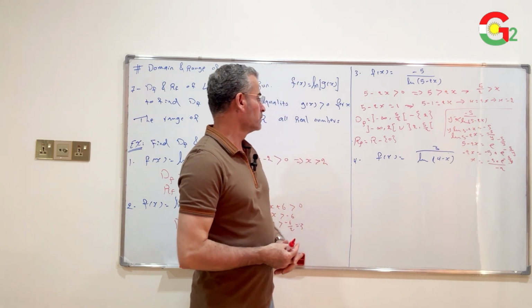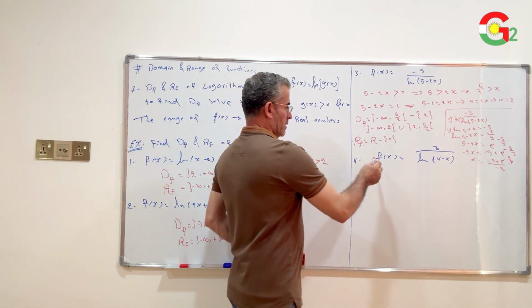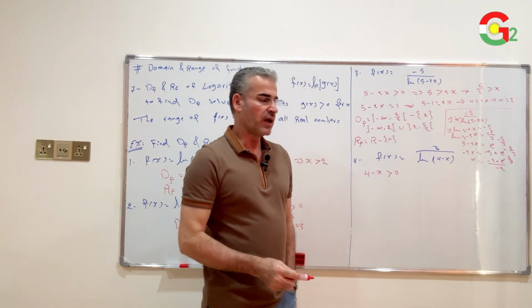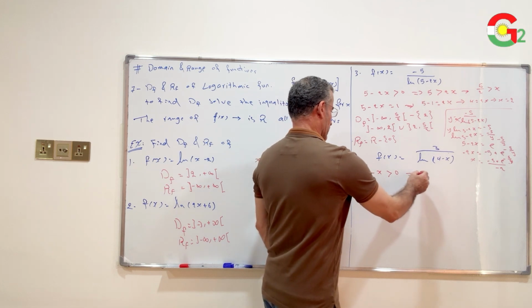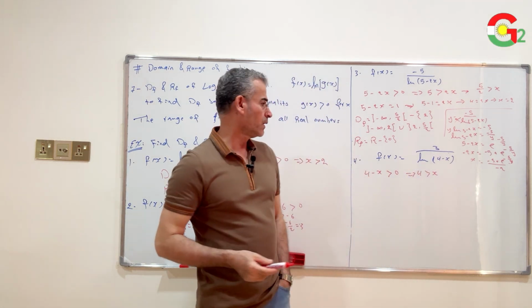Example 4. Find domain and range for this function. Solve 4 minus x greater than 0 for x, then 4 greater than x or x less than 4.